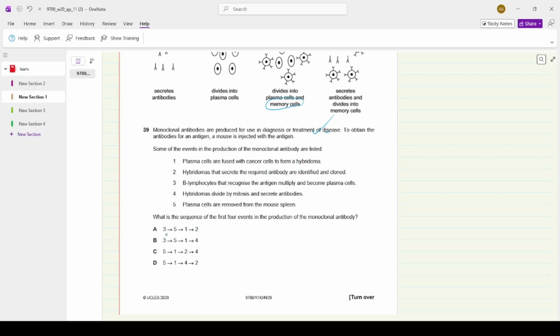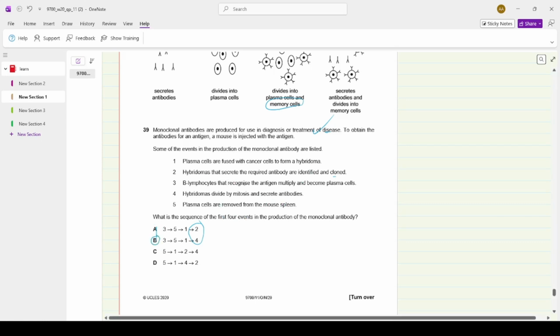Again, that's true. So it means A and B are separated by these last 2, that is 2 and 4. 2 is hybridoma that secrete the required antibody are identified and cloned. Then 4 is hybridoma divide by mitosis and secrete antibodies. So before they can secrete the required antibody, be identified and cloned, they need to first divide by mitosis and then secrete antibodies. So between A and B, B would be more convincing.